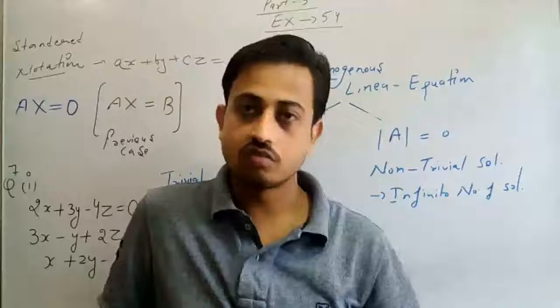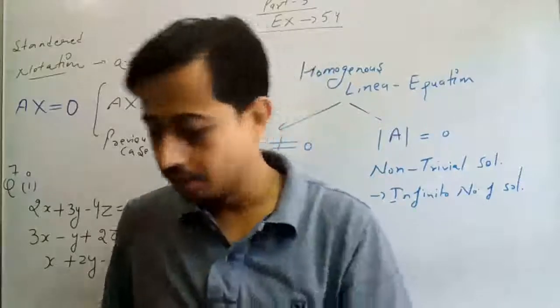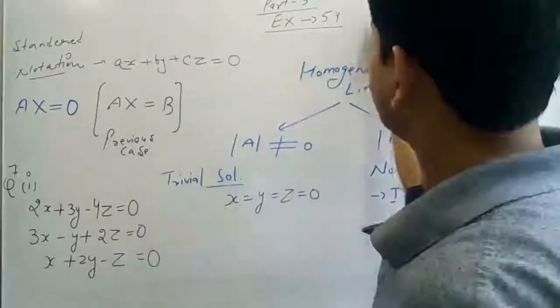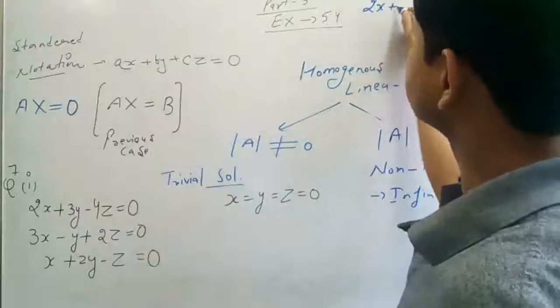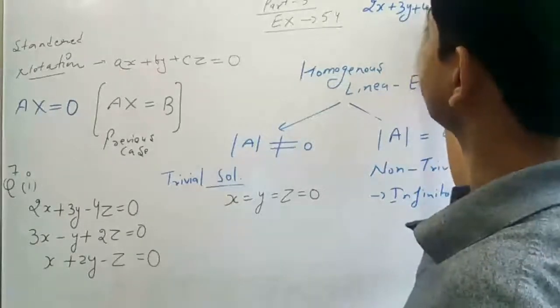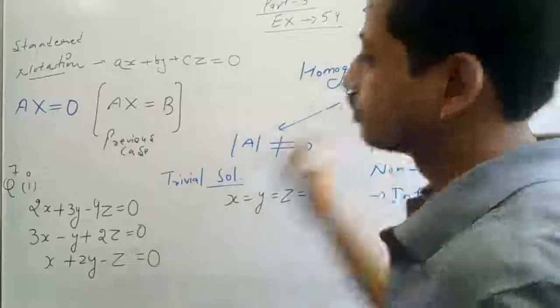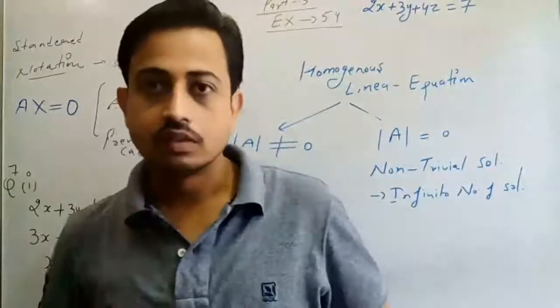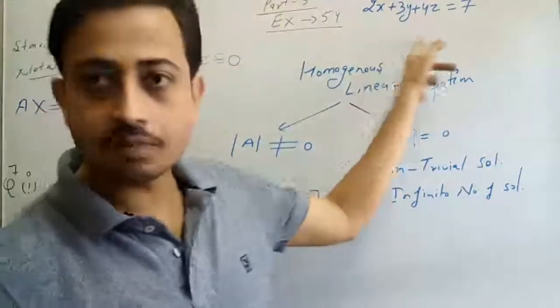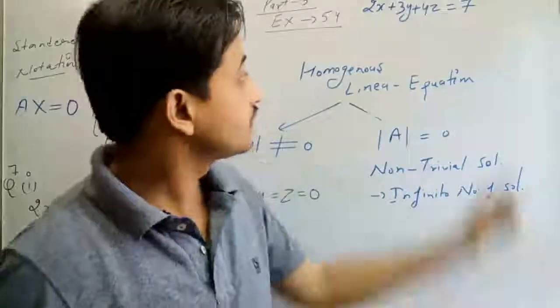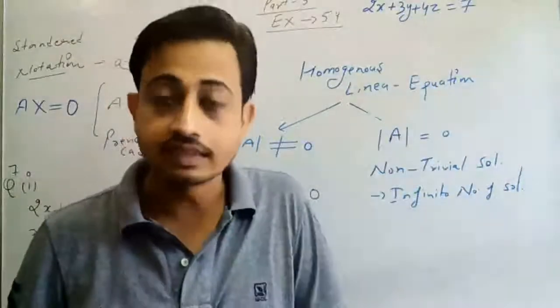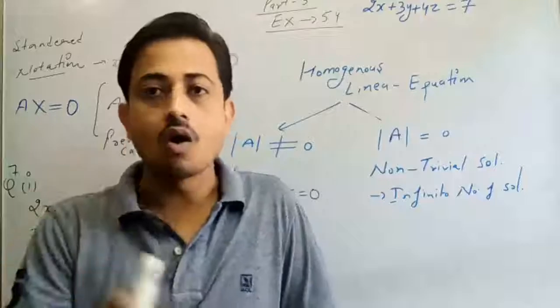Look at the equations we already did. For example, 2x plus 3y plus 4z is equal to 7. We took so many questions based on such type of equation. Look at the degree of each term.